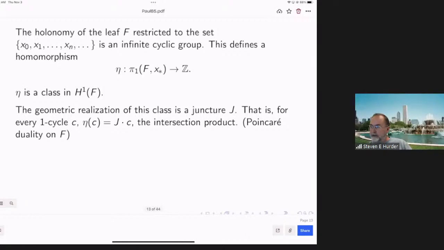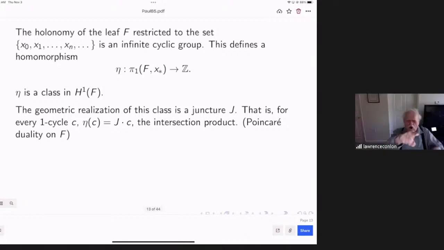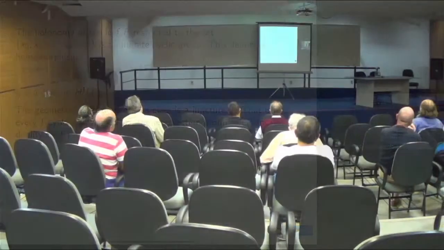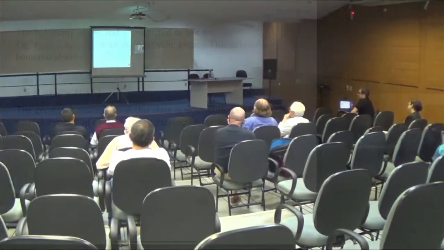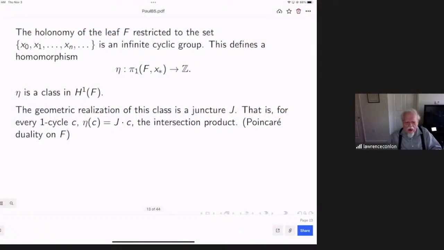Okay, thanks. But any such homomorphism, we know from algebraic topology, can be viewed as a one-dimensional cohomology class on F. Now, the geometric realization of that cohomology class is what I'm calling a juncture, a compact, properly embedded one-manifold, transversely oriented.